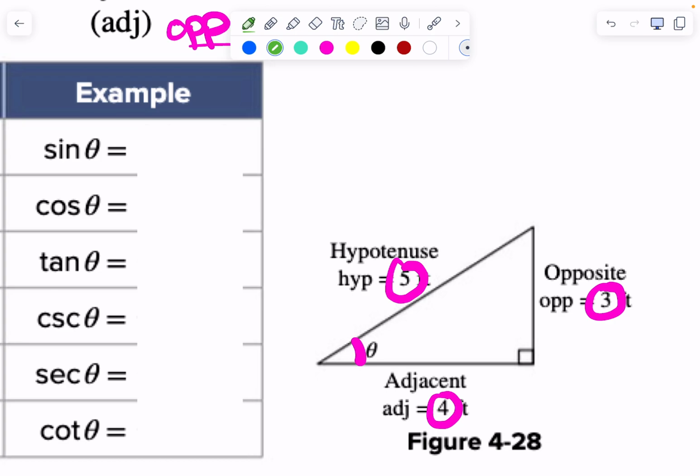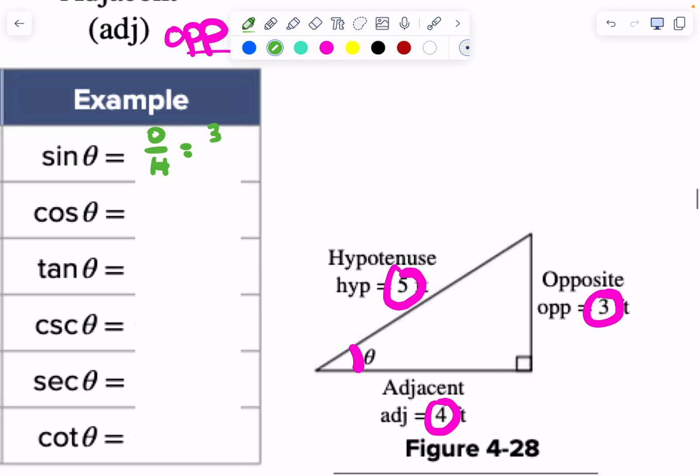So sine is SOH. So O over H, what over what, according to that? 3 over 5, that's sine, yeah? Cosine is A over H. Okay, that looks like what? 4 over 5. Is this all coming back to you? You guys know what we're talking about? Yep. Okay.